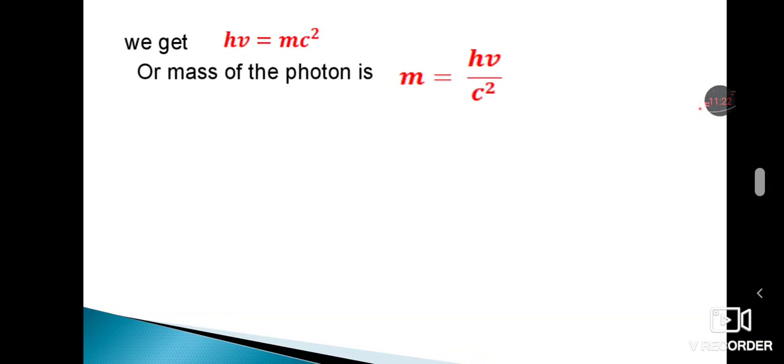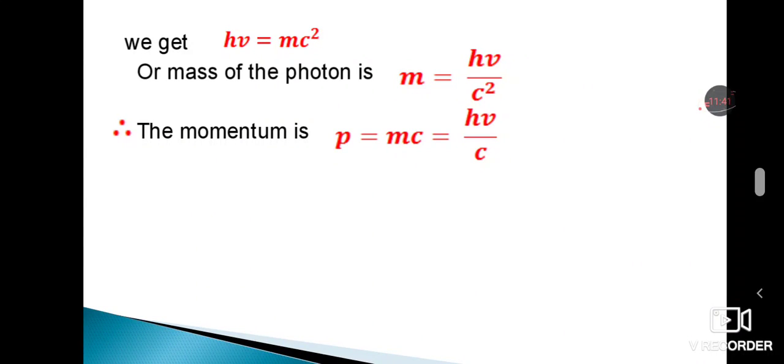Therefore we are getting h nu is equal to m c square. From this equation, what is the mass of the photon now? So the mass of the photon will be given by m is equal to h nu divided by c square. Then the momentum will be given by p is equal to m into v, where v is replaced by c, because the velocity is the velocity of light.